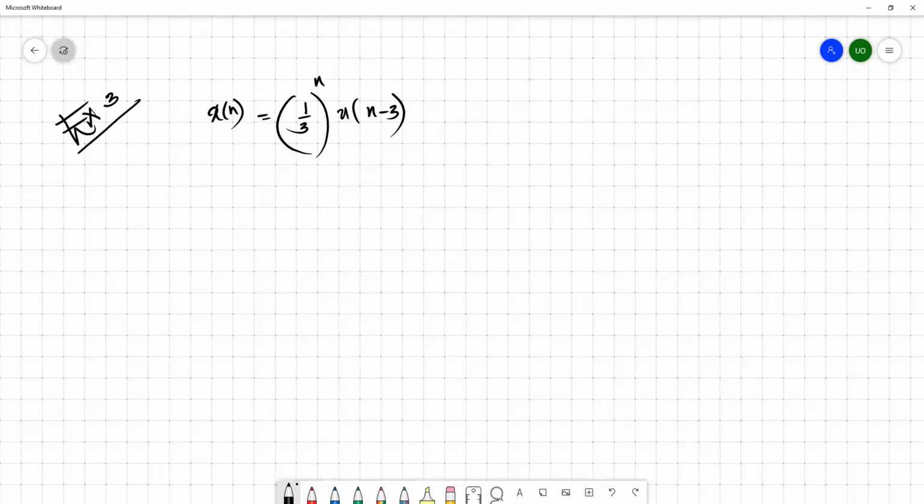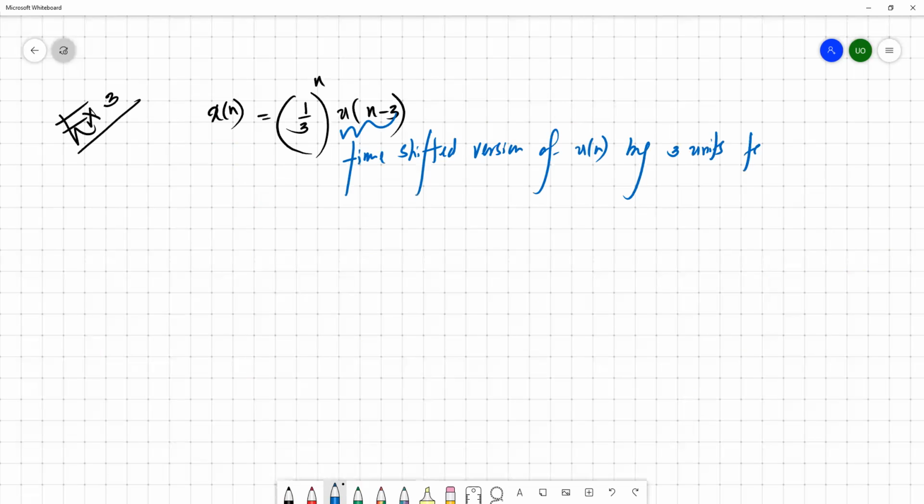By looking at this, you should be able to identify that this actually comes from a shift. This is the time shifted version of u[n] by 3 units to the right hand side.